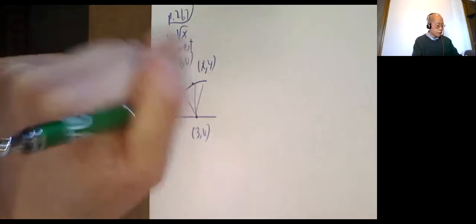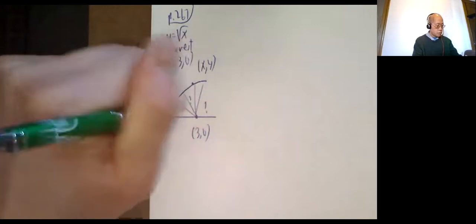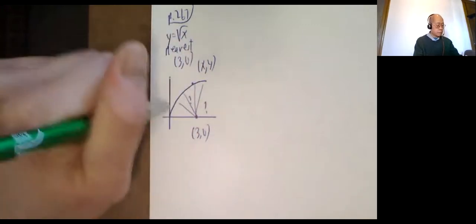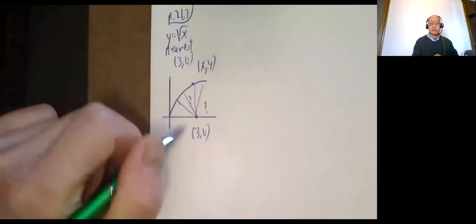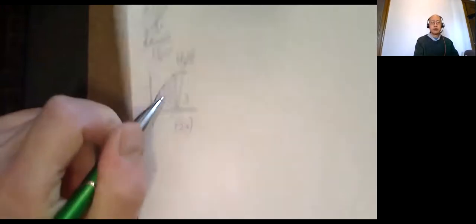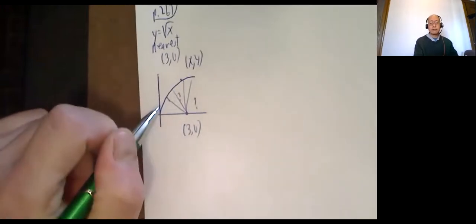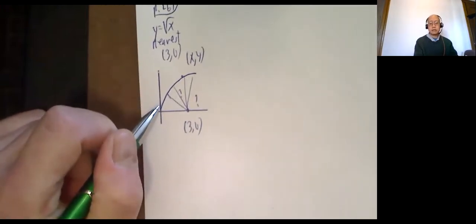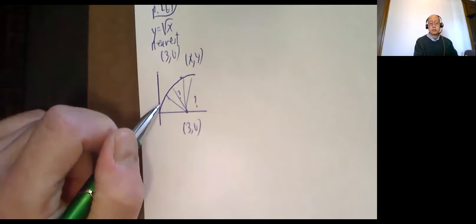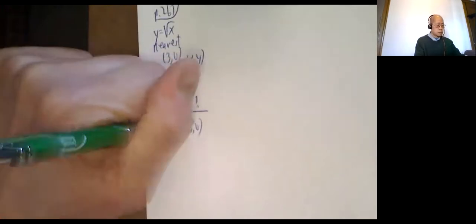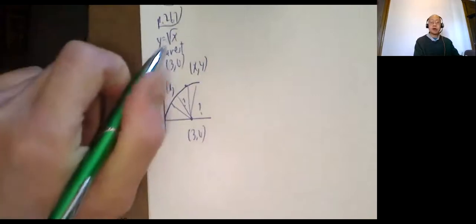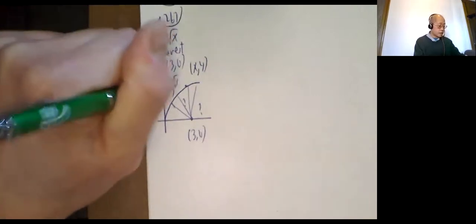Okay, so we're asking where is the distance a minimum, right? Distance from 3, 0 to a point on the graph, x, y, which minimizes the distance. Okay. So we have the point x, y, but since y is equal to radical x, I can write it as x, radical x.